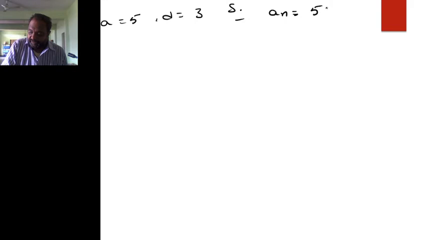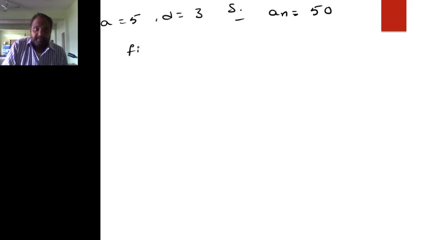Next, another topic. Given a is equal to 5, d is equal to 3, an is equal to 50.